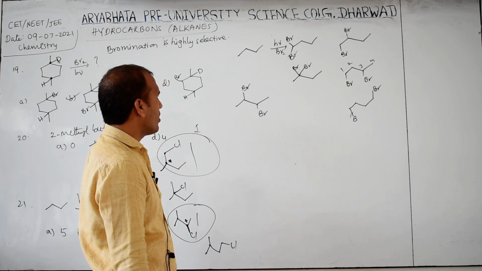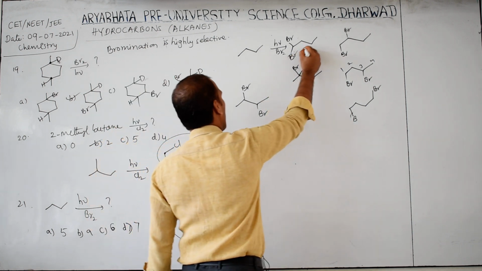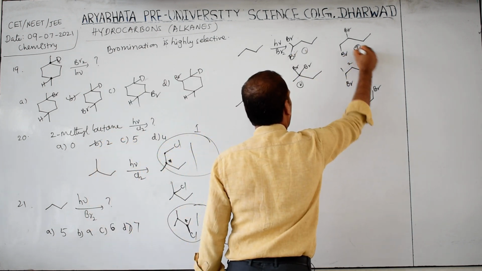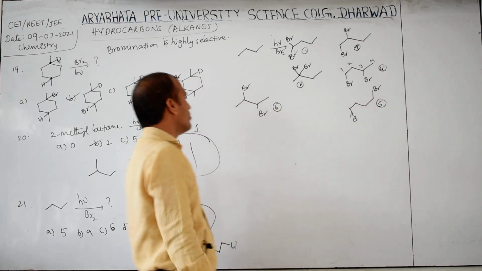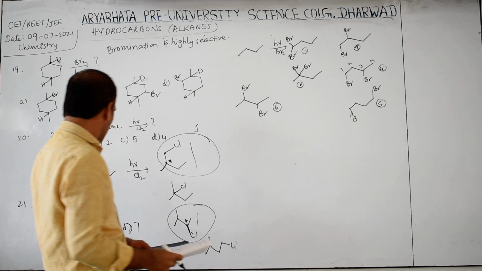Total how many are possible? 1, 2, 3, 4, 5, 6. But there is a 6 option and also a 7 option.